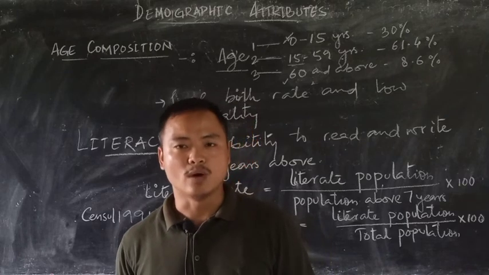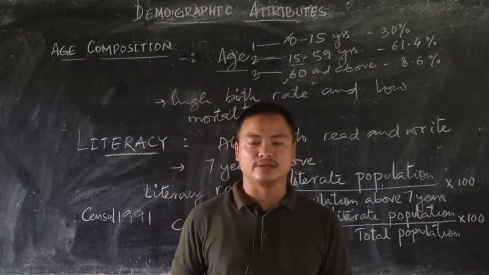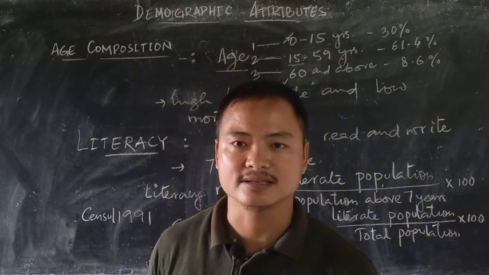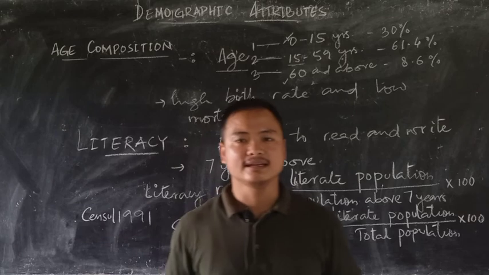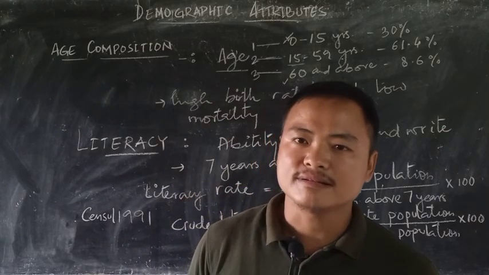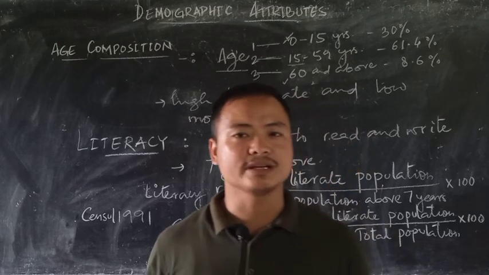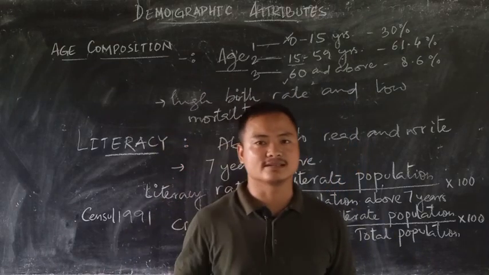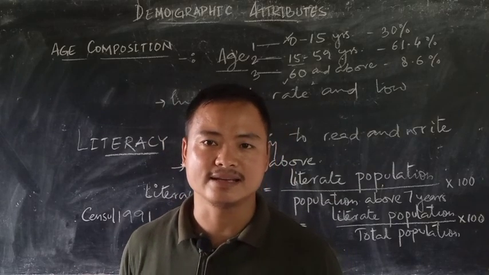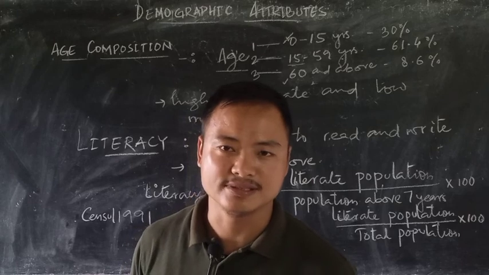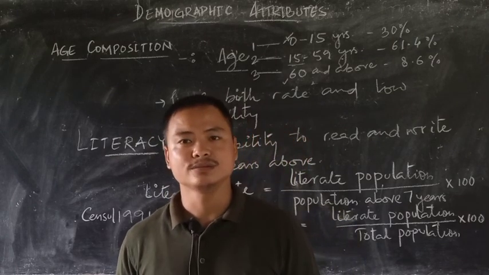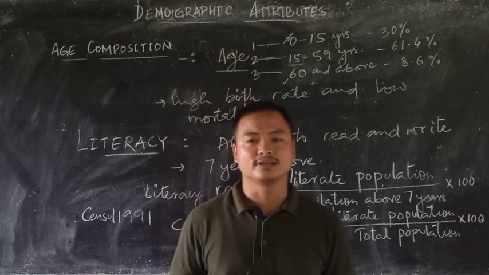This is the reason why the years between 1991 till 2011 are considered to be the literacy decade. Now, the literacy level throughout the country is not the same. It varies from state to state. But the national average of literacy rate as per the 2011 census is 64.32%. So, this is for the day.